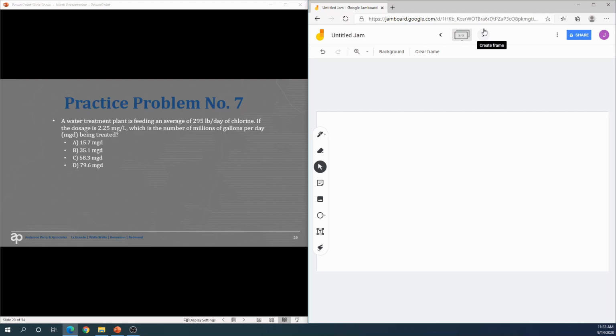So let's start filling in our equation with what we know. We know it's 295 pounds per day is equal to our flow in million gallons per day times our concentration of 2.25 parts per million times 8.34 pounds per gallon.